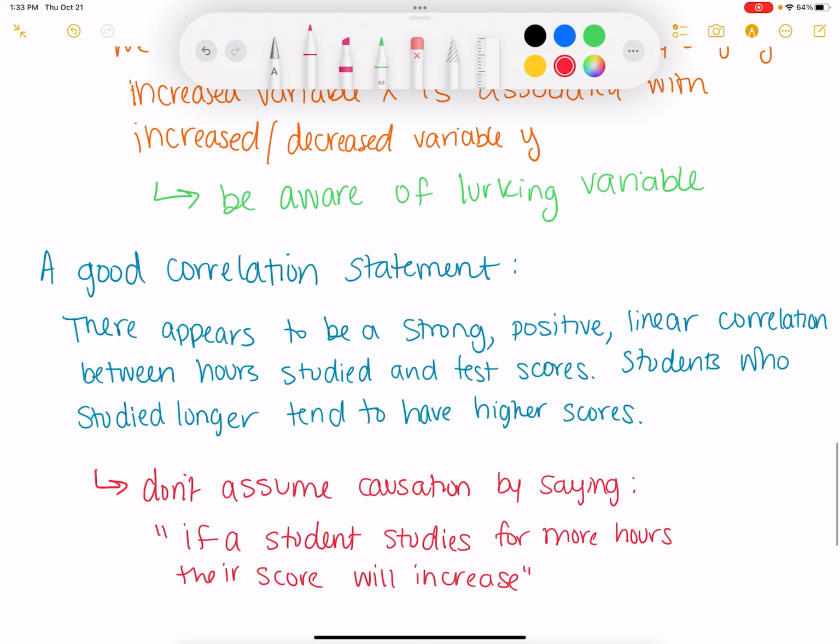You can't assume causation. We can't have causation in there.